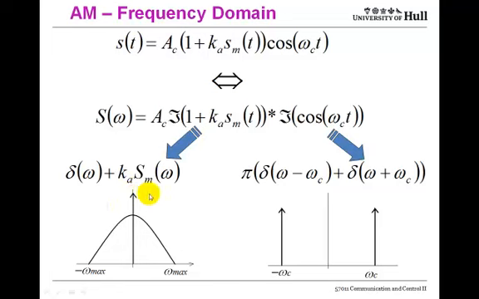When we convolve our message part with this delta function in the positive carrier frequency, then we get a copy of all this centered around omega c, our carrier angular velocity, which means we get a delta function at omega c, and then we get a copy of our message signal that will go from our carrier angular velocity minus the maximum angular velocity in our message signal, all the way up to our carrier frequency plus the maximum frequency present in our message signal.